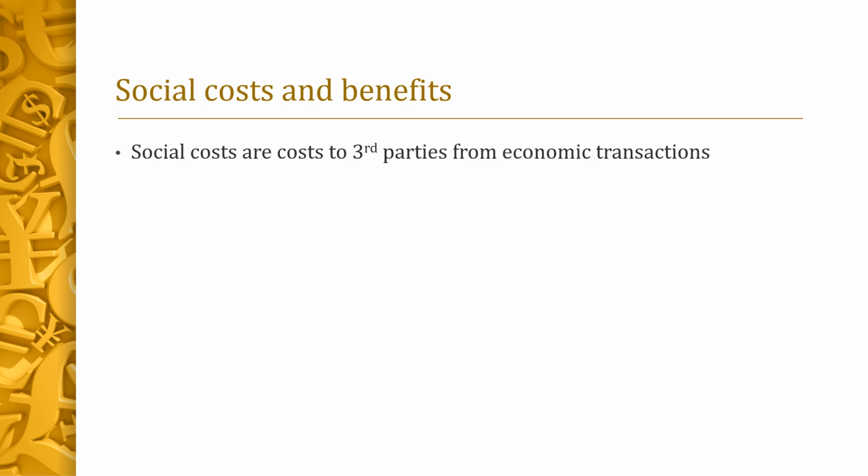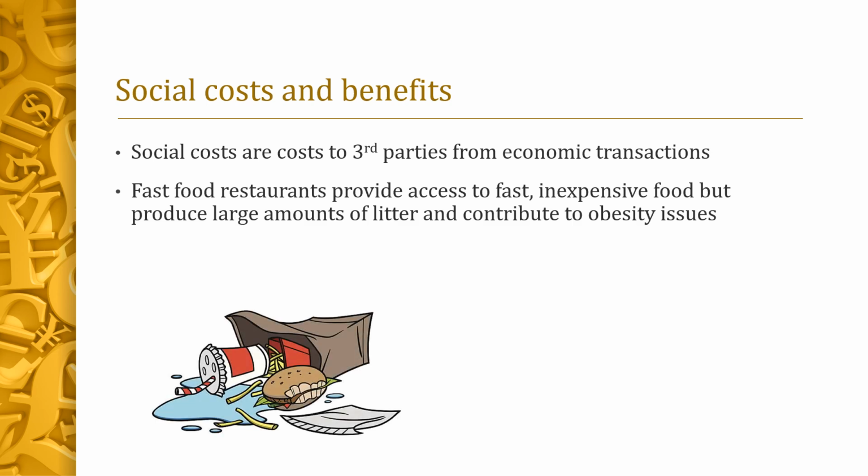Social costs are costs to third parties from economic transactions. Fast food restaurants provide access to fast, inexpensive food, but they also have social costs. They produce large amounts of litter, and they contribute to obesity issues in society.